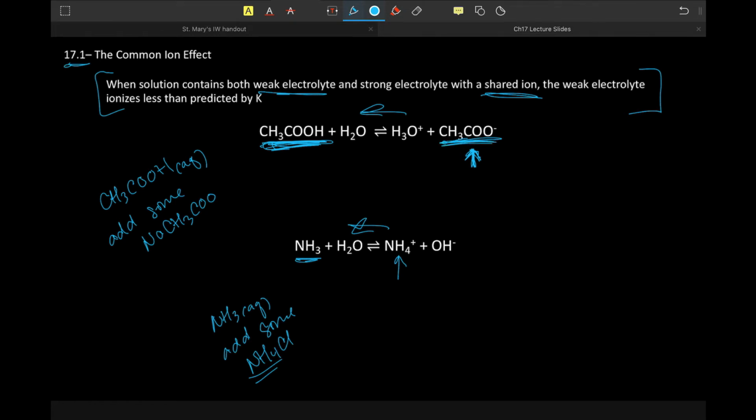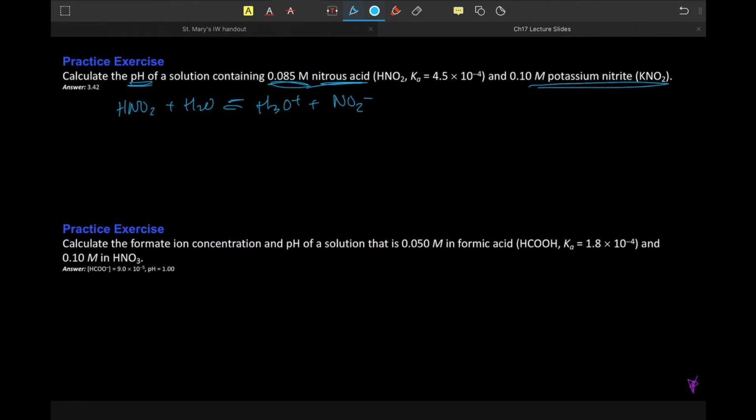So when we look at this, this concentration is 0.085 molar. This is irrelevant. And this concentration is 0.1 molar, and we're going to say that's 0 to begin, because we're mixing these two things initially.